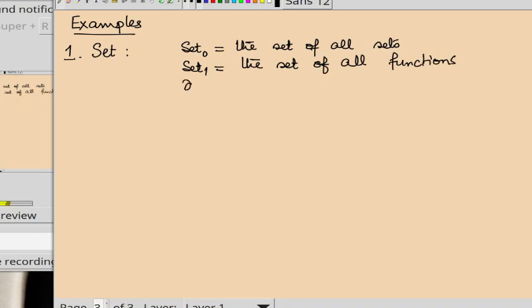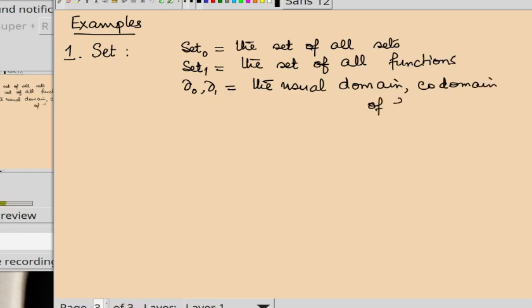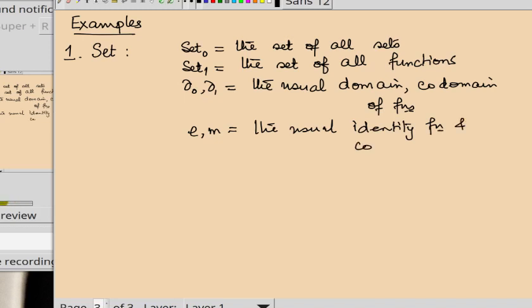And partial 0, partial 1, the usual domain, codomain of functions, and E and M, the usual identity function and usual composition.